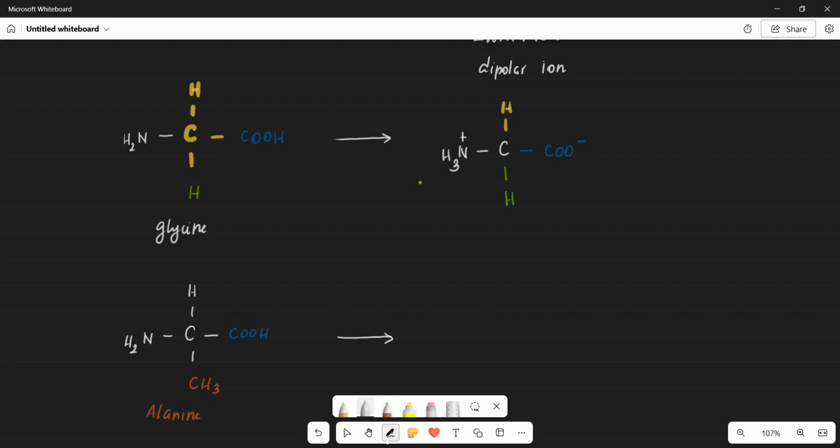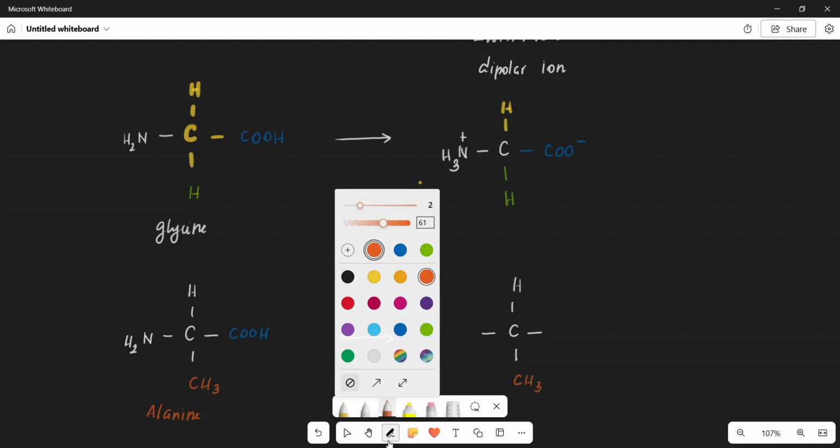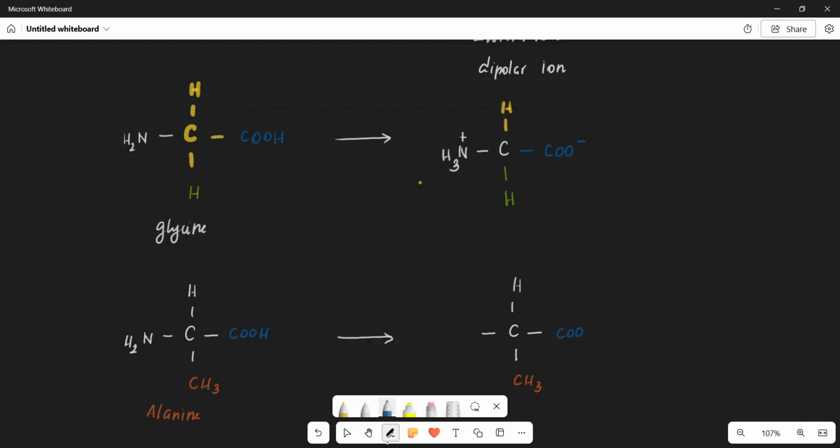So now if I want to draw this zwitterion, I have carbon, I have hydrogen, then I have the other three groups, in that the CH3 is not going to get disturbed. And when I consider COOH, it's going to lose or donate its hydrogen, and who is going to gain?